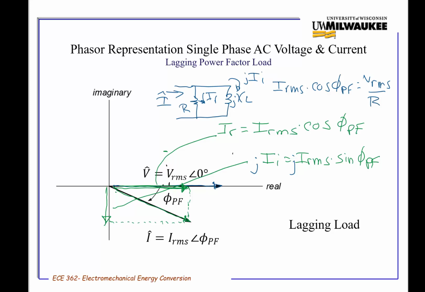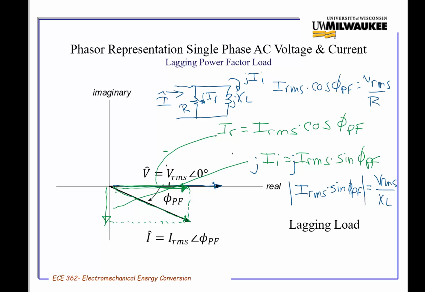And I could solve for XL by saying that I RMS sine phi PF, and now I'm just going to say this is a magnitude, I'm not going to worry about what the sine of that angle is, is equal to V RMS over XL.